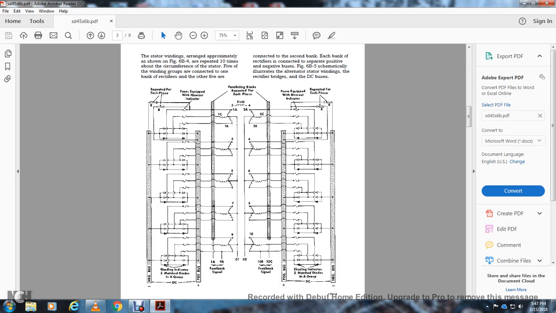Also, in between the bus poles, you have a group of five diodes. Fuses with blowout indicators are repeated at each phase. On the other side, you see a fuse equipped with blowout indicators repeated at each phase, between the bus bars and poles, the negative side with a group of five diodes.